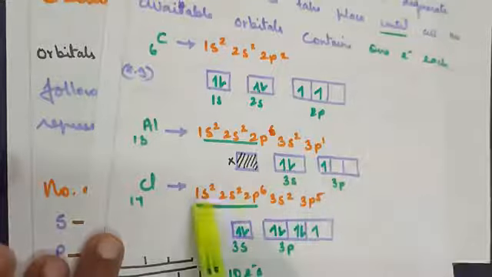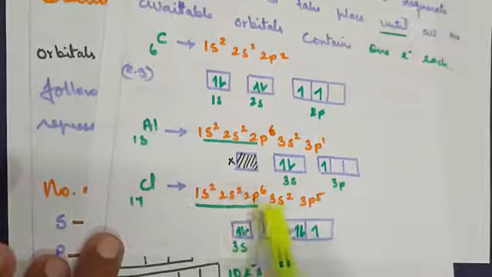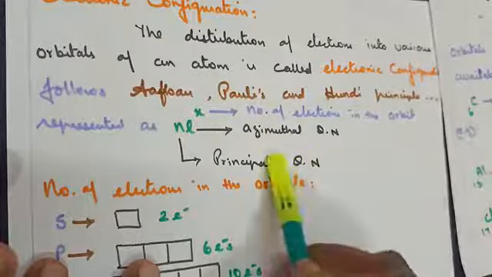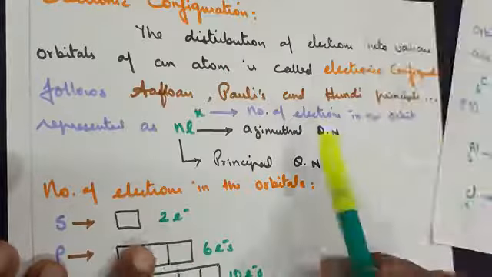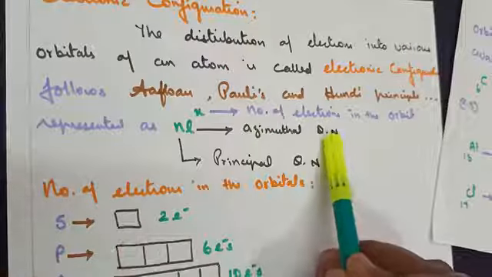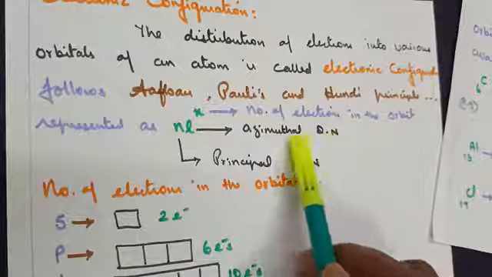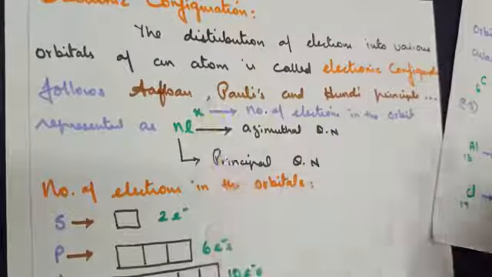Here, 1s, 2s, 3s stand for the principal quantum number. s orbital, p orbital stand for the azimuthal quantum number. s, p, d and f are azimuthal quantum numbers. x stands for the number of electrons in the orbital.